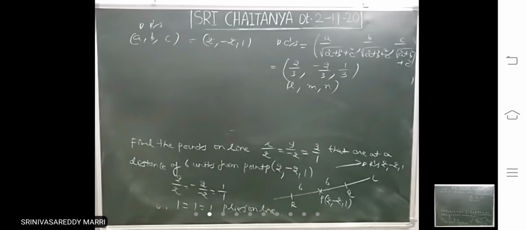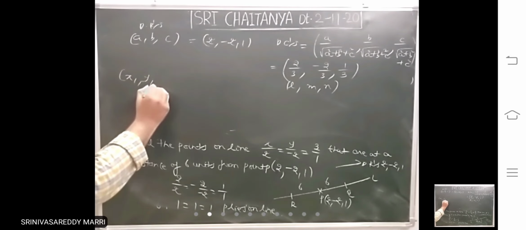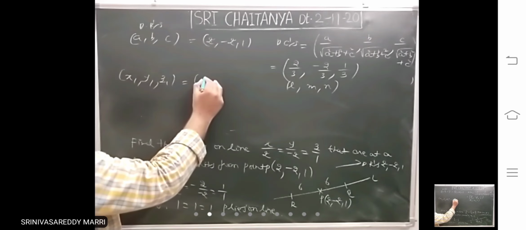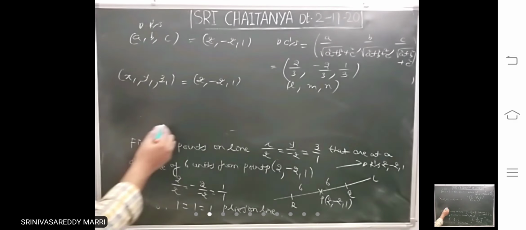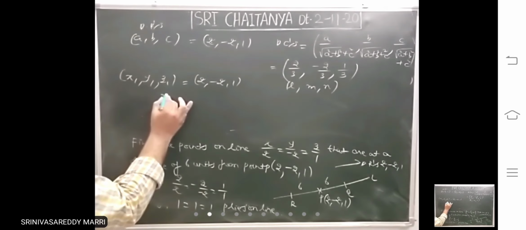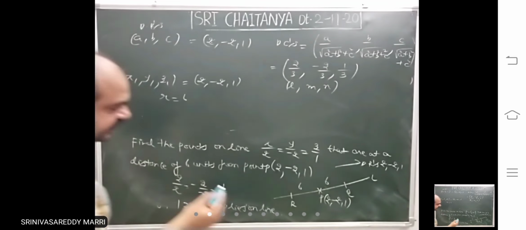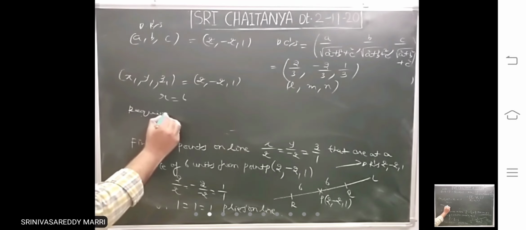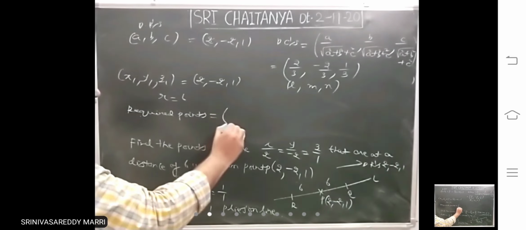This is L, M, N. Now X1, Y1, Z1 is that point, which are at a distance, that means R equal to 6. Now the required points are these two points.